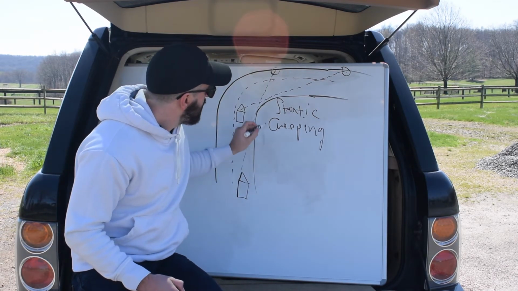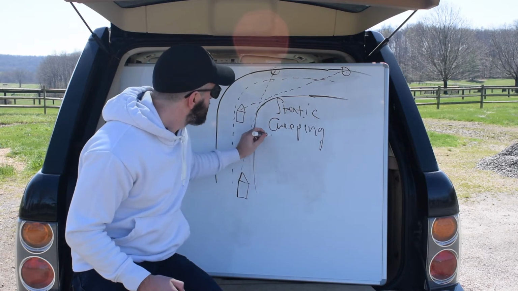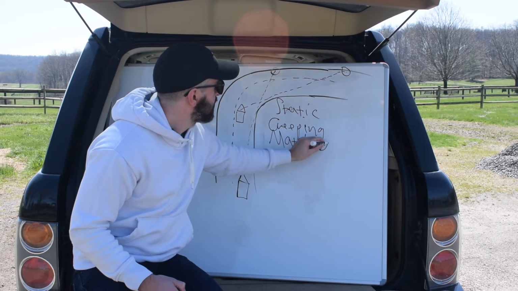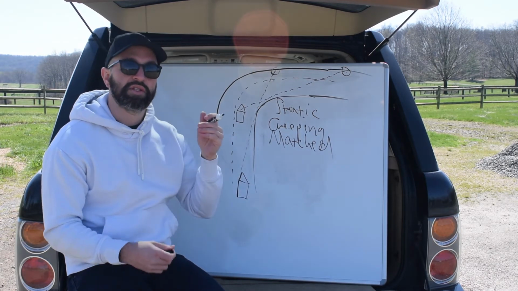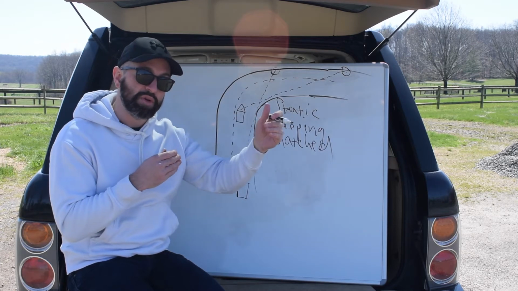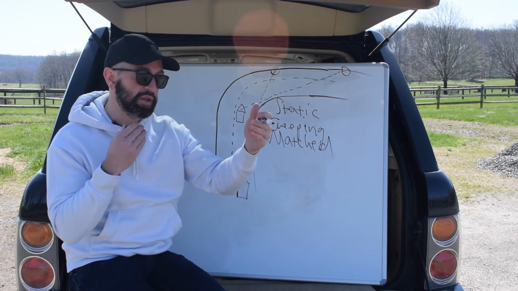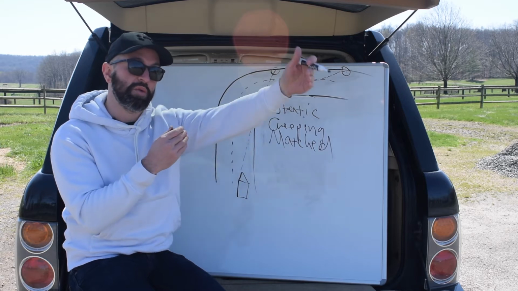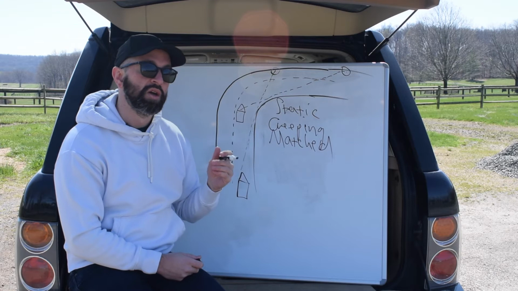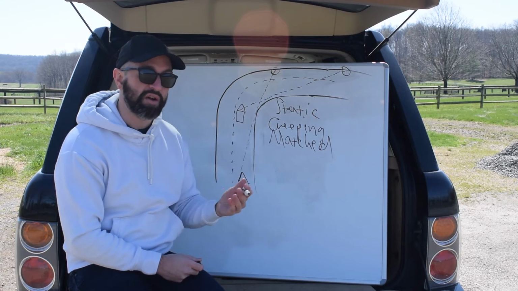However, the next stage after creeping will be matched, and as the name suggests, this is when the speed that you're traveling is matching the speed that the vanishing point is moving away from you. So it doesn't look like you're either gaining on it, nor is it getting away from you. And typically when you have a matched vanishing point, you can start to apply some gentle acceleration.